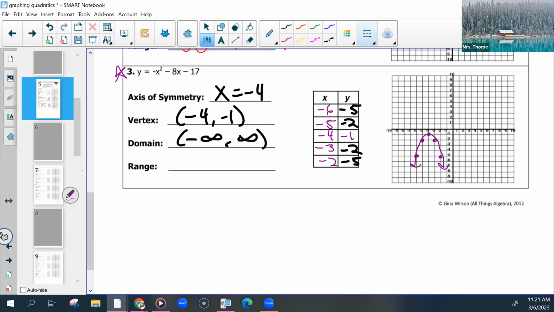It keeps going down, so we don't really have a lowest point or don't know what it is. What's our highest point? -1. So then because this is below -1, it would be everything less than or equal to -1. Or we could say that it starts at -infinity and goes to -1.